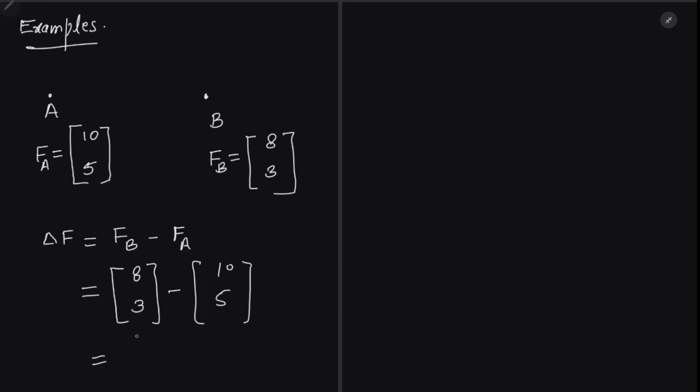So when we take just a difference, we have minus 2 and minus 2. This is the difference between two values. We did not discuss whether the values in these fluxes are positive or negative. So it just shows that the flux is decreasing at some place.